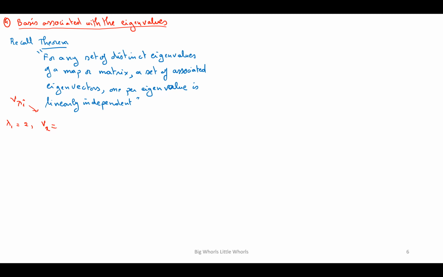So the eigenspace V2 is equal to (1, 0, 0) b1, such that b1 belongs to the complex numbers.